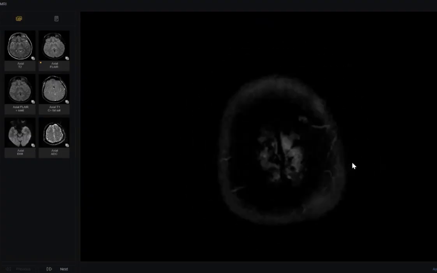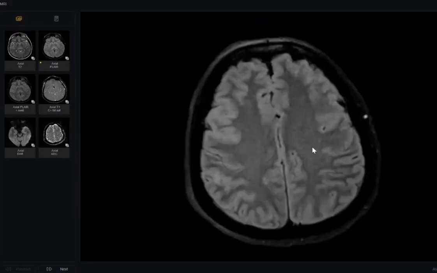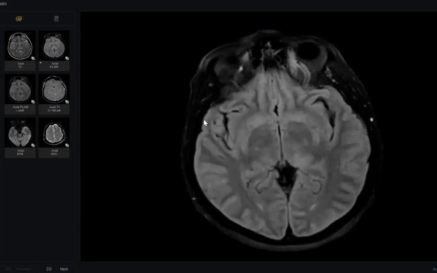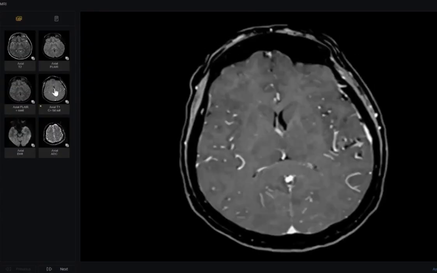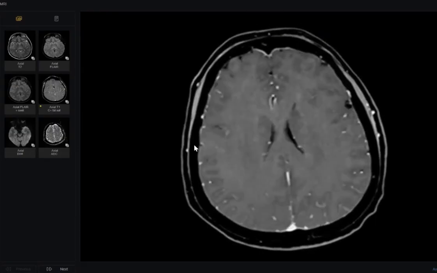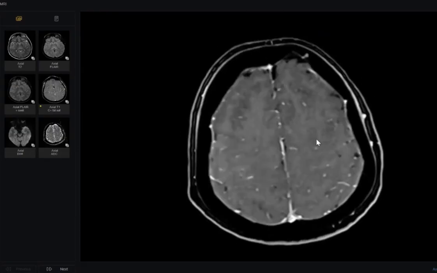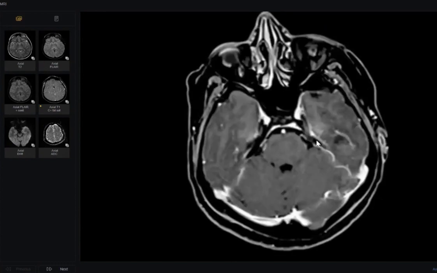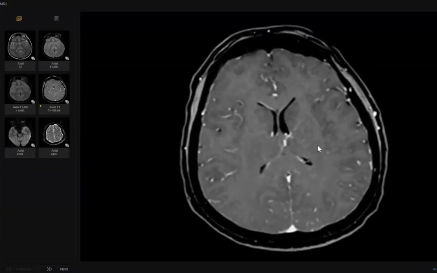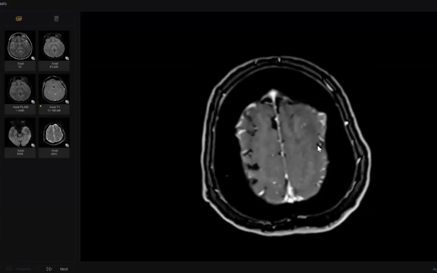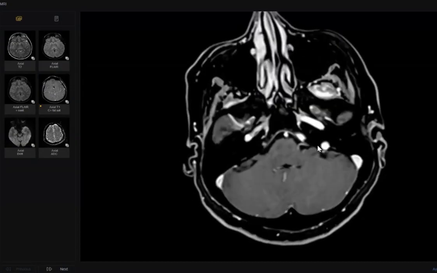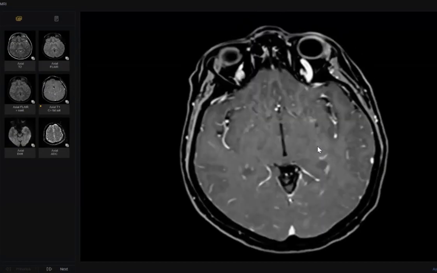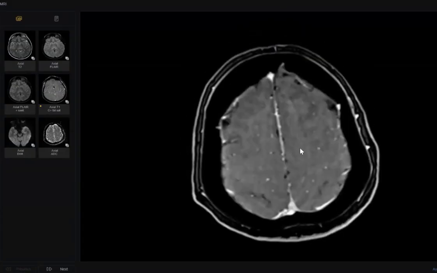So can I check the contrast? Okay, in the contrast study, I can see abnormal enhancement.